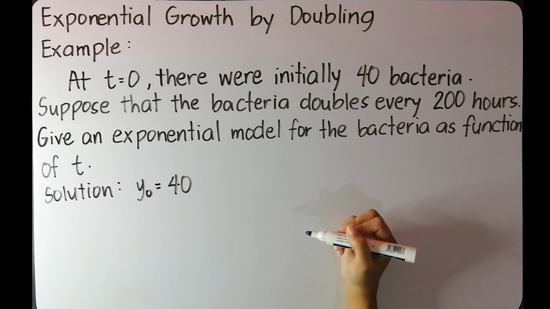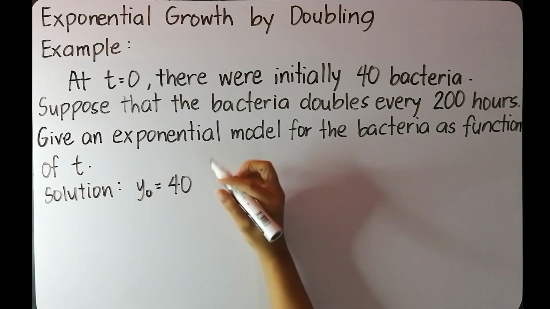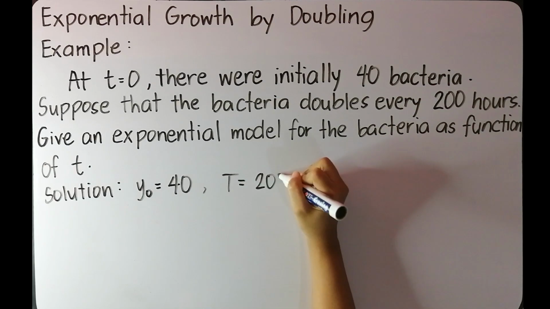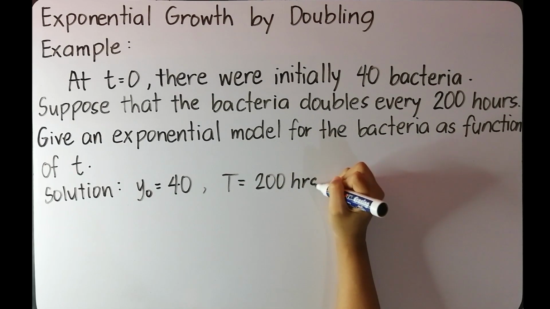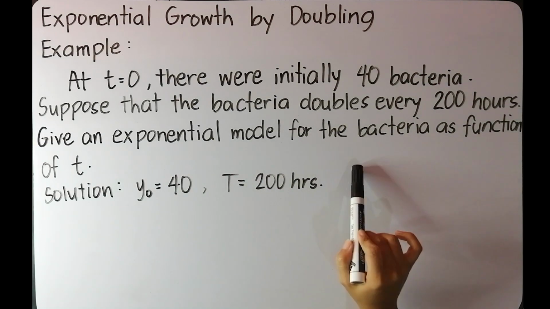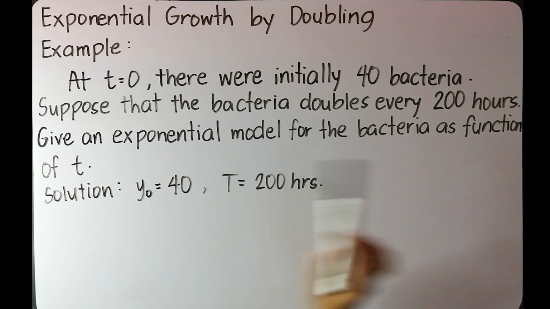And then every 200 hours it doubles, so our capital T is 200 hours. So what is the problem? We need to give the exponential model for the bacteria as a function of t.